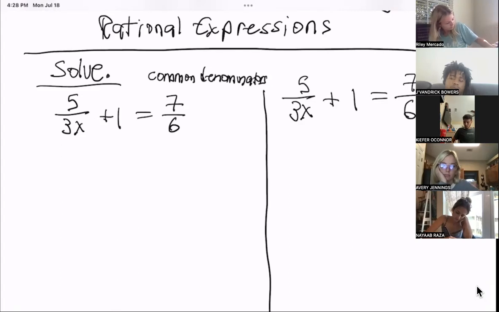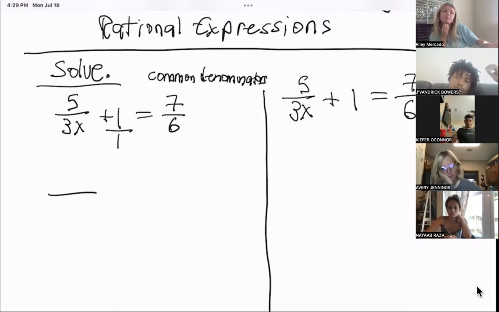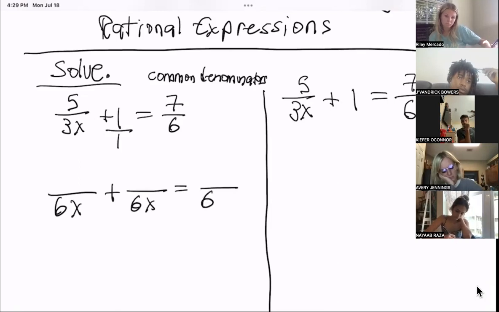Well, I have 3x. 1 is over 1. So that has a denominator of 1, and 6 is 6. So I think we can make all the denominators 6x. And we write it so that each of them has the denominator 6x. And you're going to figure out what we have to do to fix it.